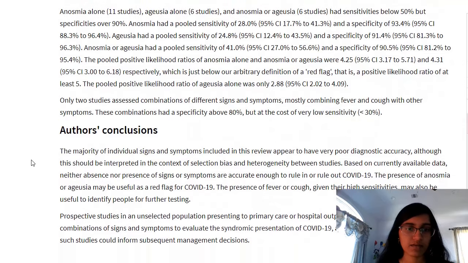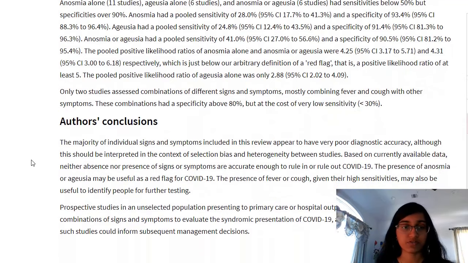So basically these were the results from the study, and the author does also go on to say, as we also gathered from the data, that many of the signs and symptoms do have low diagnostic accuracy, and also since some studies had high risk of bias and other potential concerns, this doesn't necessarily tell the whole story.